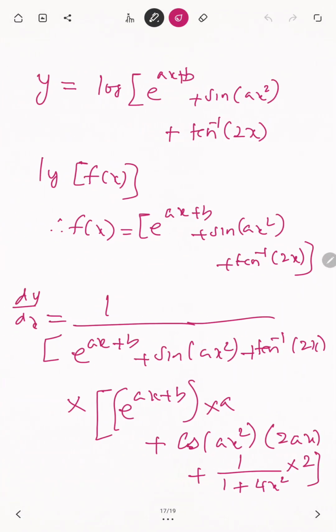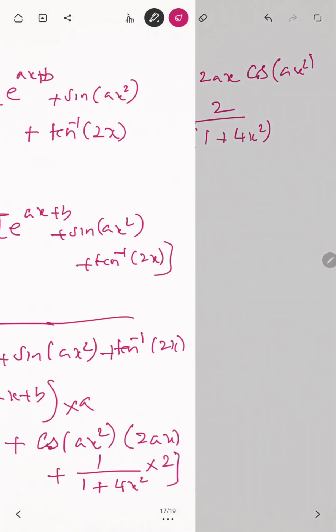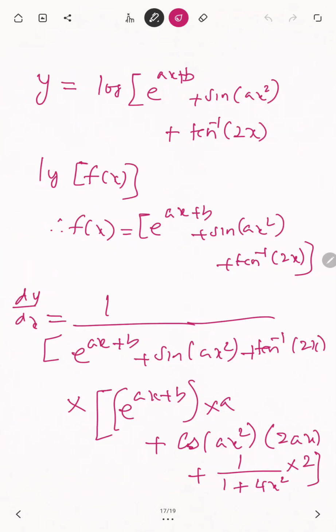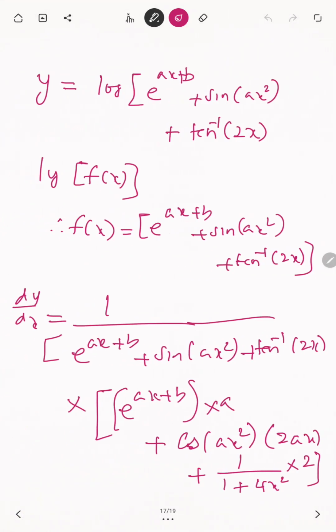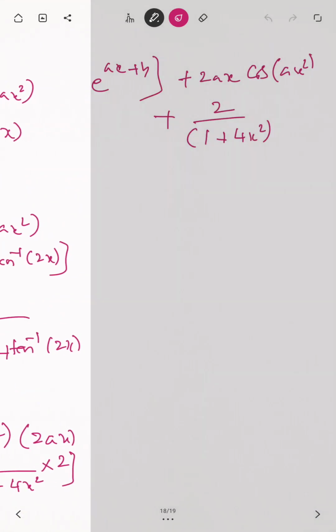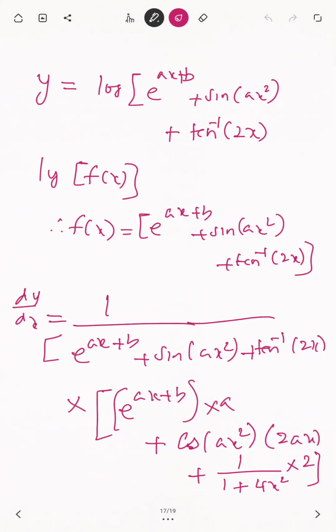What is the other numerator part here? 2 by 1 plus 4x square. See, the first numerator part is what? a into e power ax plus b. This is separate one. And again in the second one, 2ax into cos ax square. Other one 2 by 1 plus 4x square.